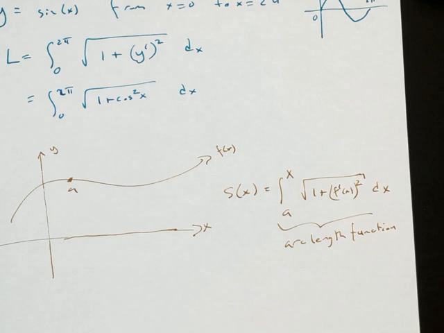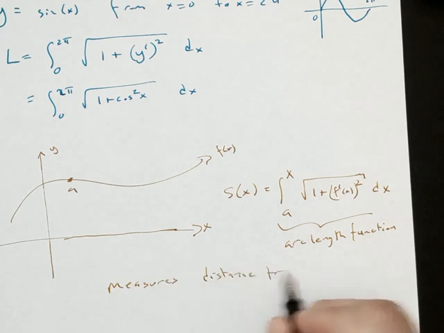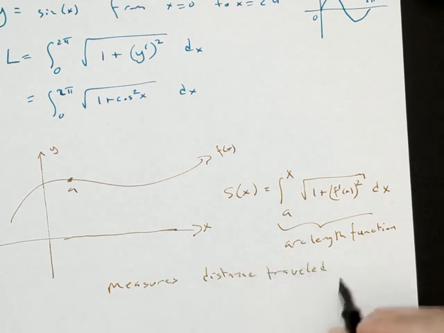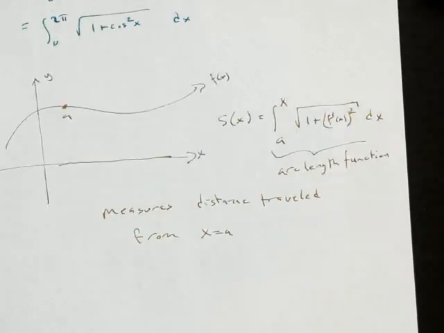This is a distance traveled. This is my odometer. This is my mile marker. This tells me how far I've gone.